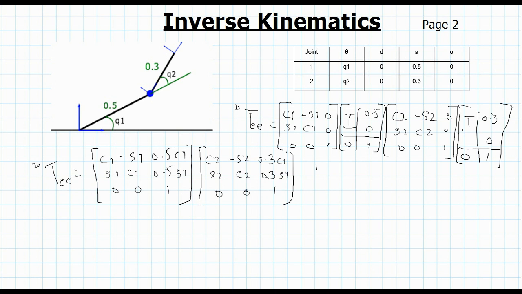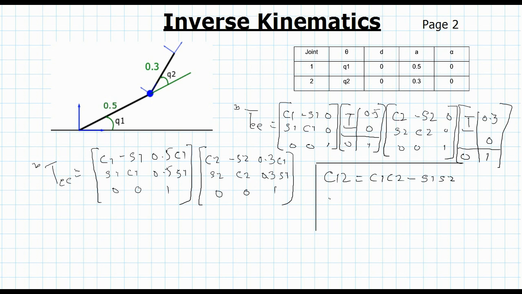And remember that we used a few identities to simplify our results. The identities we used were C12, which is cosine of Q1 plus Q2, is equal to C1 C2 minus S1 S2.